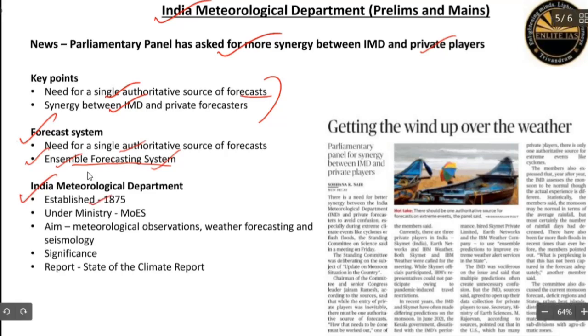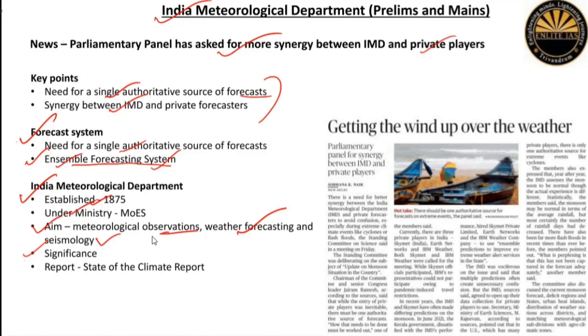In this context, you should also know about the Indian Meteorological Department, which was established in 1875 in the pre-independence era. It comes under the Ministry of Earth Sciences of the Government of India. It is the principal agency concerning meteorological observations and weather forecasting.